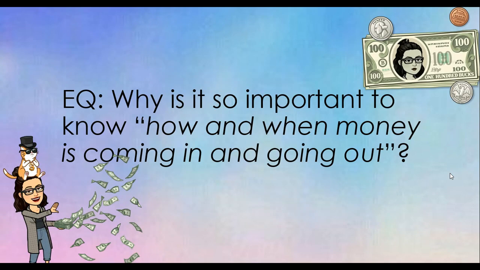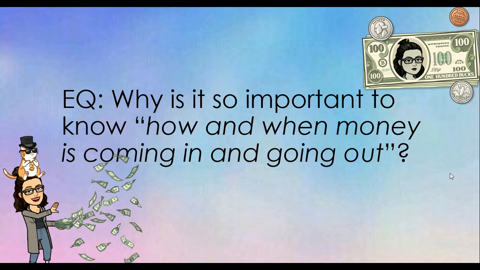All right. One thing I want to pause and ask you guys, and this is actually going to be your warm up today in your hyperdoc. My essential question for y'all is, why is it so important to know how and when money is coming in and going out? So think about that for a sec. Why is it important to know when you've got money coming into your account and money coming out of your account?